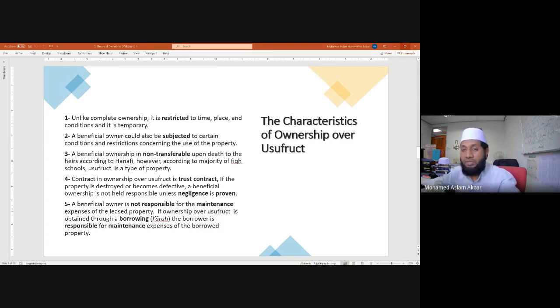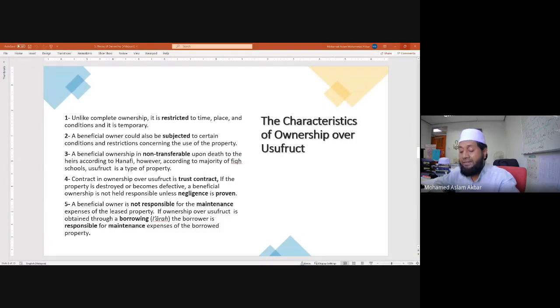We call him the beneficial owner. So the tenant is the beneficial owner. In this case, you are not supposed to sell your property or use it for other purposes, because you are already in some dealing. So this is an example of incomplete ownership.